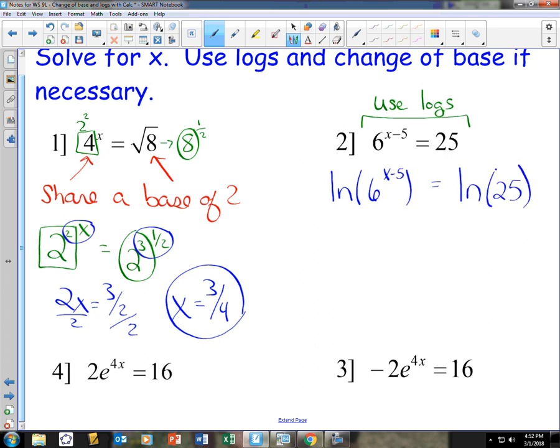So now I have an x minus 5 is essentially getting multiplied by a natural log of 6. Okay, let me put a little bracket situation around that x minus 5. And that is equal to natural log of 25. Okay, so now I want to solve for x. So I'm just going to maybe reduce this side by natural log 6.